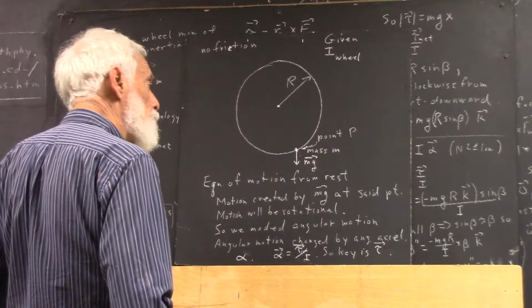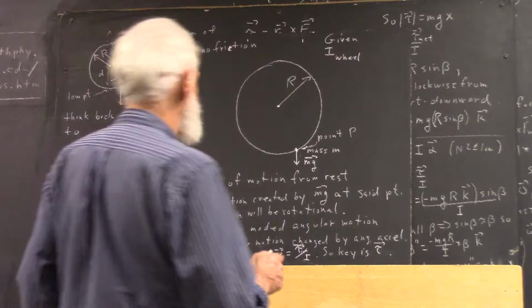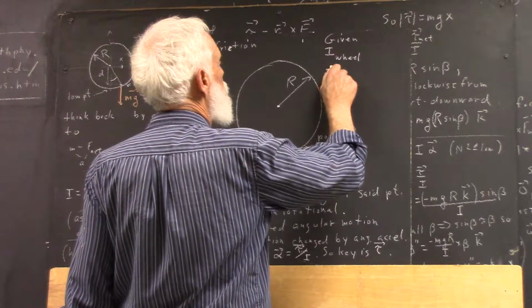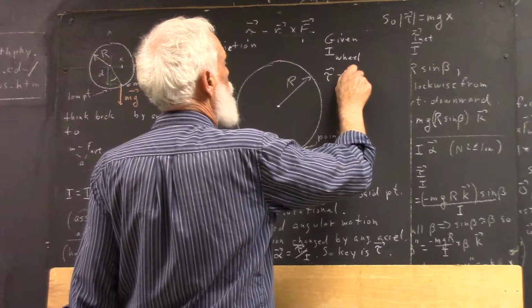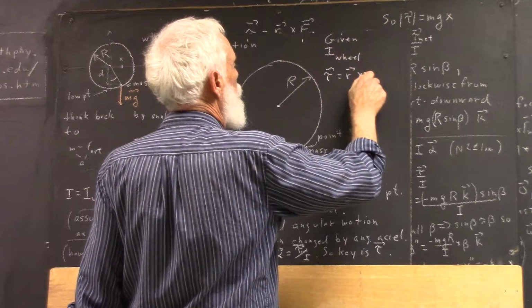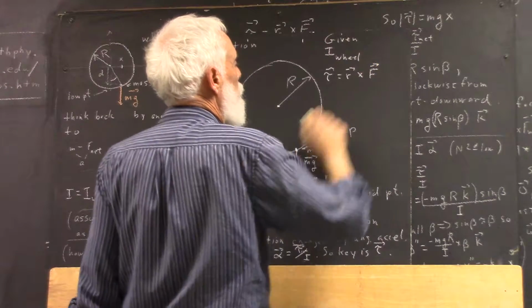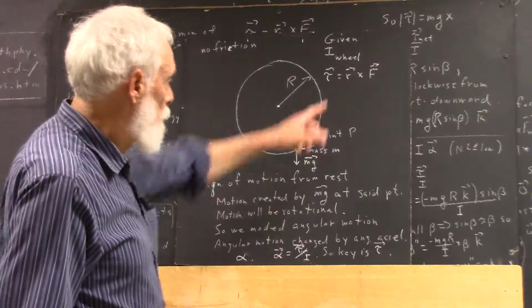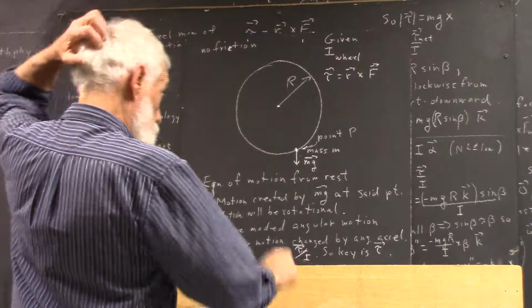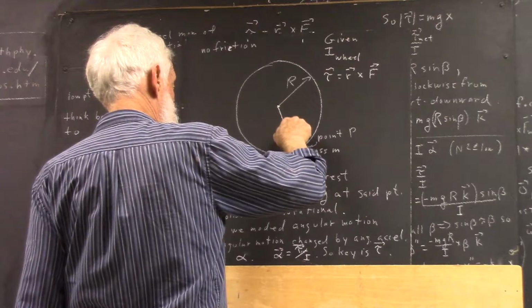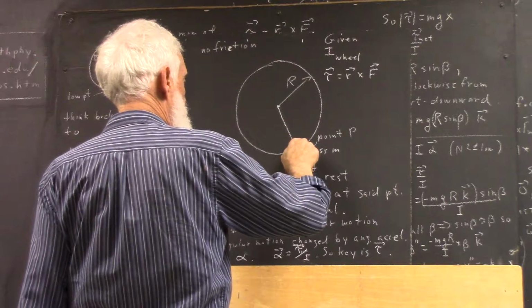Okay, so the torque is what? Well, okay, torque equals R cross F, where R is the vector from the axis of rotation to the point of application.